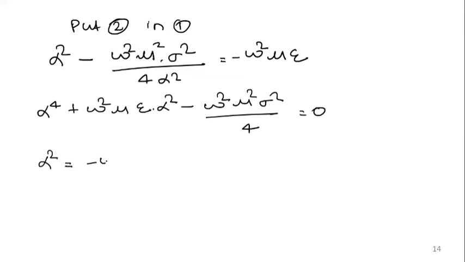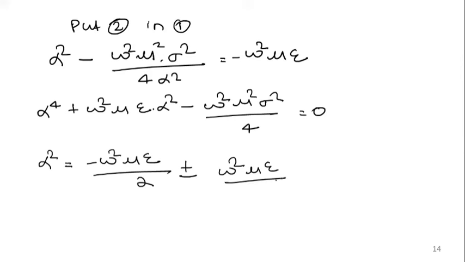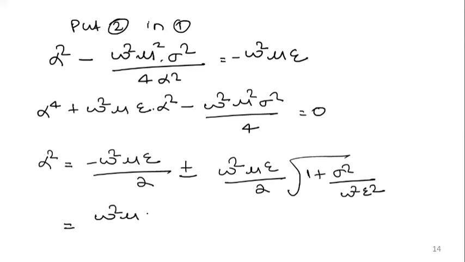So alpha square is equal to minus omega square mu epsilon by 2 plus or minus omega square mu epsilon by 2 root of 1 plus sigma square by omega square epsilon square, that is equal to omega square mu epsilon by 2.